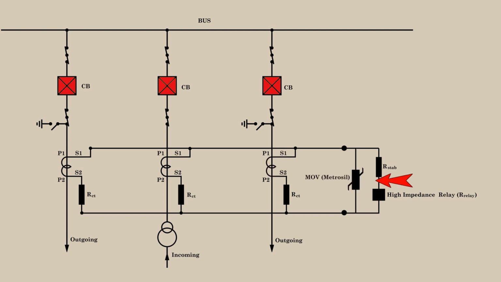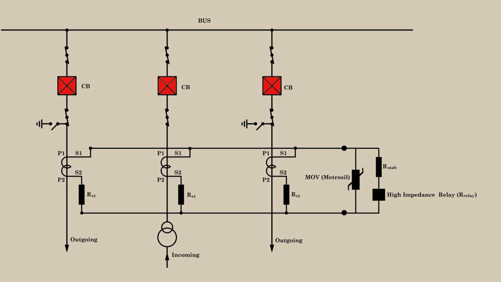Now, let us come to the Metrosil. Metrosil is connected in parallel with the relay. It is a metal oxide varistor, MOV, which becomes conductive beyond a preset voltage. Metrosil safeguards the relay because during very high spill current, the voltage developed across the relay may rise far above the stabilizing voltage, which could permanently damage the relay.